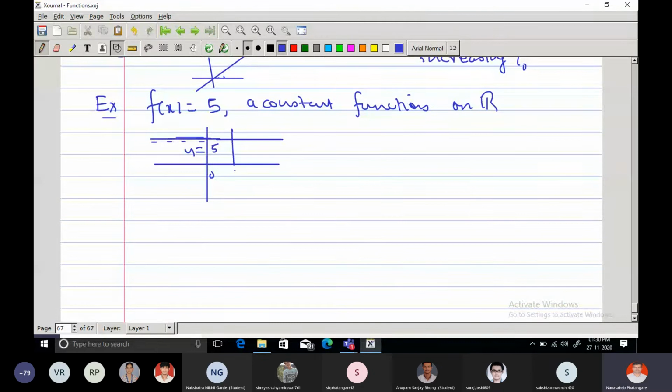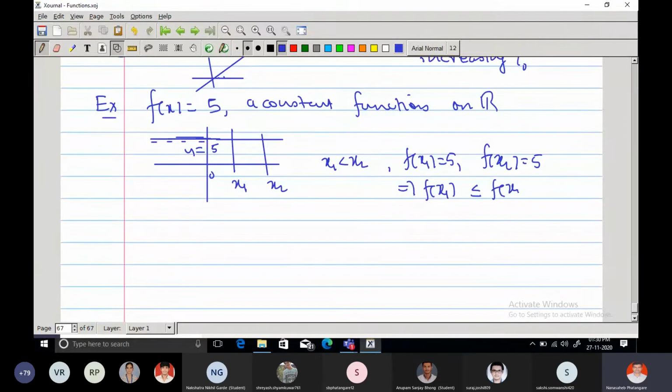Suppose this is x1 and this is x2, so x1 is less than x2. But f of x1 is 5 and f of x2 is also 5, because everywhere the value is 5. Therefore f of x1 is less than or equal to f of x2, where equal means either less or equal. So a constant function is monotonically increasing.